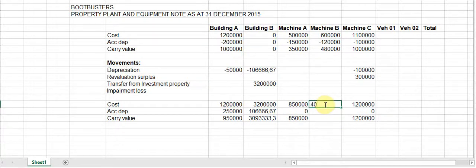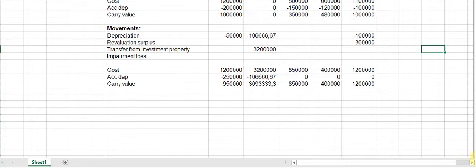And there's also a fair value of 400,000 Rand for machine B at the end of the year. Again, we will eliminate all the accumulated depreciation, resulting in the carry value equals to the fair value. The only thing we now need to go and sort out is to see the depreciations and the revaluation surpluses. So we need to do some calculation for that.